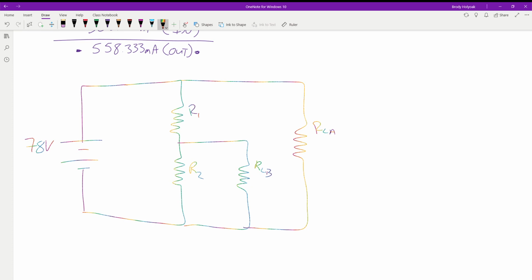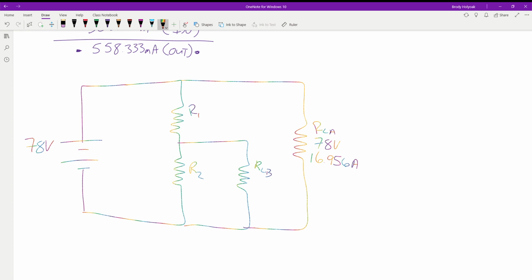So our voltage total is 78 volts. Our load A is 78 volts at 16.596 amps. It is a lot of amperage.